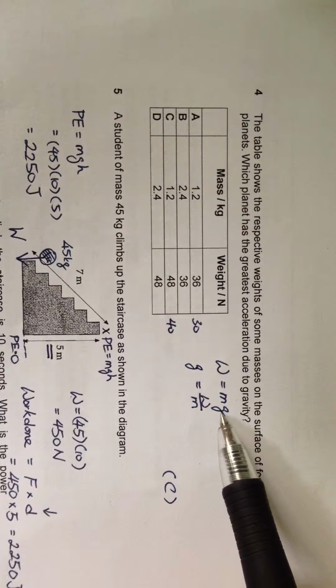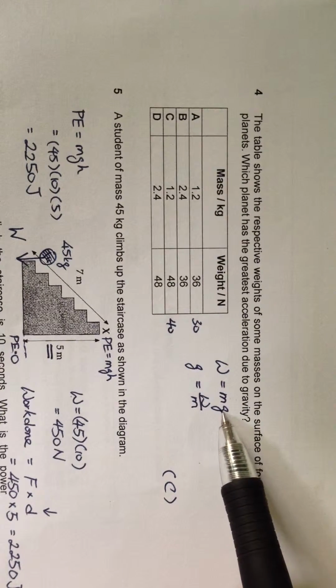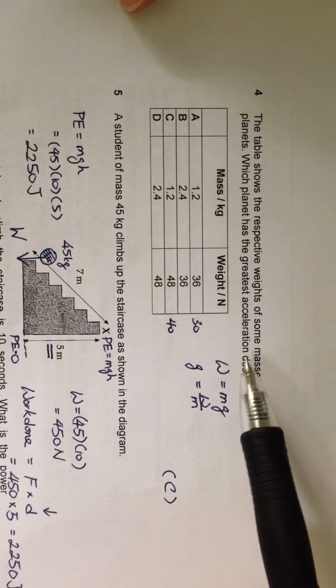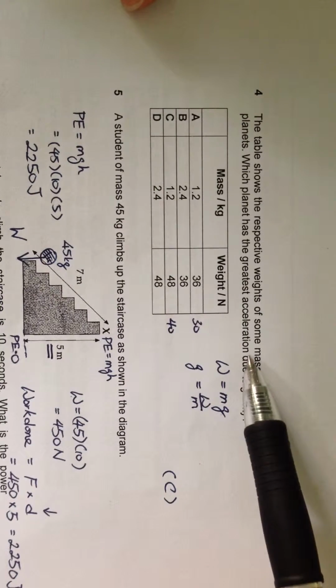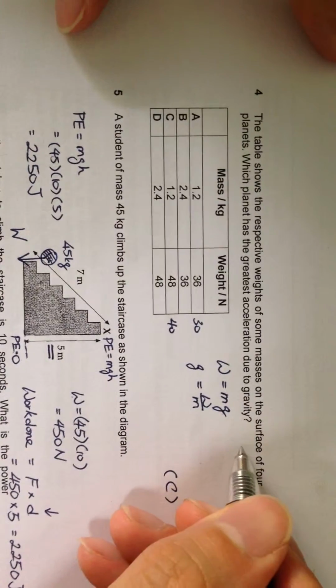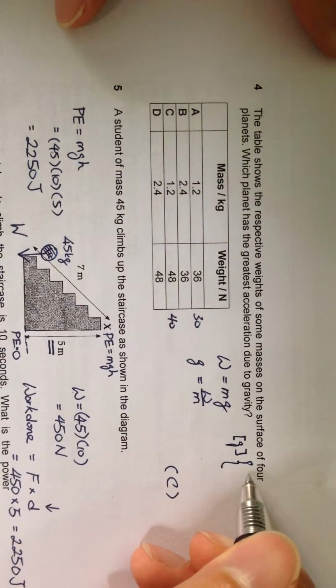Okay, question 4, you need to know this formula. The weight is equal to mass times gravity, and the gravity in this case can be understood as the gravitational acceleration. This acceleration due to gravity refers to this g. You need to take note that the unit of g actually has two forms.